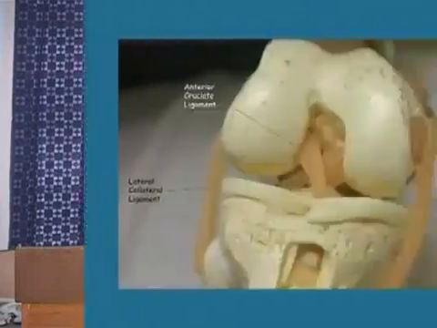The next important structure of synovial joint is ligament. I have discussed synovial fluid and articular cartilage. The third structure which plays an important role in formation of synovial joint is ligament. Ligaments are structures which bind one bone to another bone.